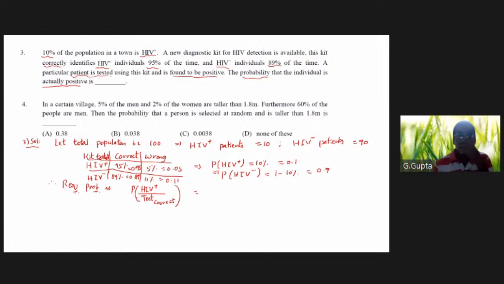So here, probability of numerator event HIV plus into probability of inverse event test correct from HIV actually positive patients, whole divided by total cases: HIV plus into probability of test correct given that HIV plus.